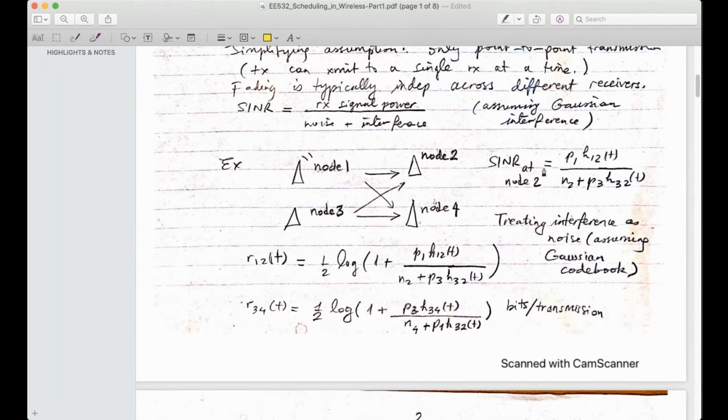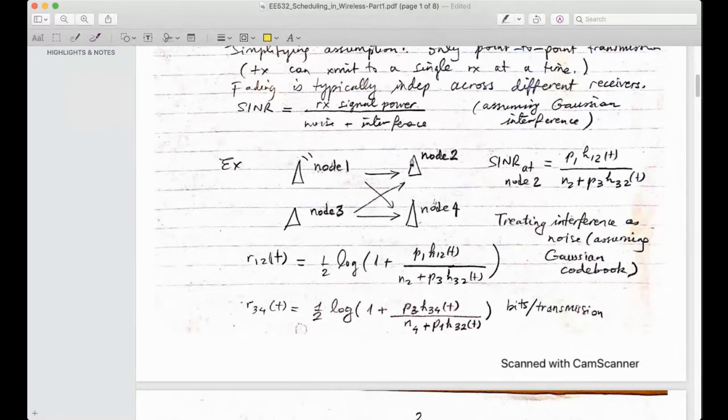So the SINR at node 2 is P1 times H12(t), which is the power received at node 2, divided by the noise variance N2 at the node 2 receiver plus P3 H32. So this is the power received from node 3 by node 2, which will be acting as interference.